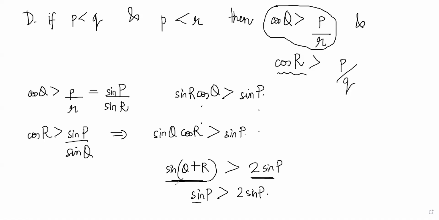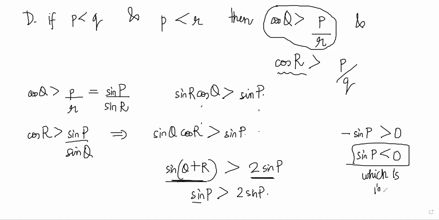And now you're getting sine P is greater than 2 sine P, which doesn't make sense, because that implies that minus sine P is greater than 0, or sine P is less than 0, which is impossible, right? Sine P cannot be less than 0 if P is an angle of a triangle.